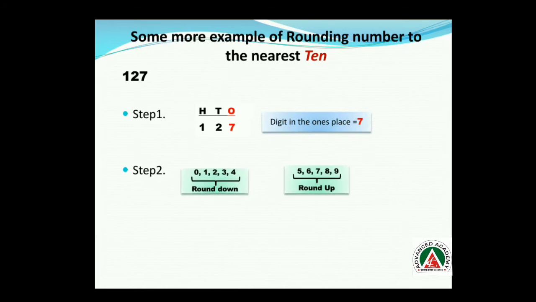You can see 7 is in round up. So 127, we have to round off to the nearest 10. What is the previous 10? 120. What is the upper 10? 130. So this will go to round up. So this 127 will round to the nearest 10 and become 130. Your answer will be 130.